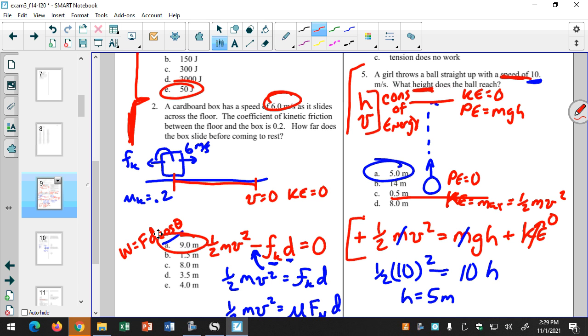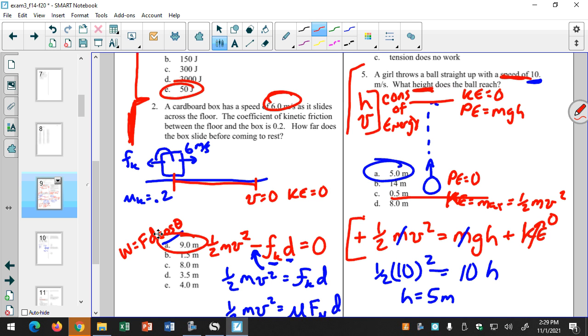So when there's a height and a velocity change, that's conservation of energy. Is that always true? I think that's always true.